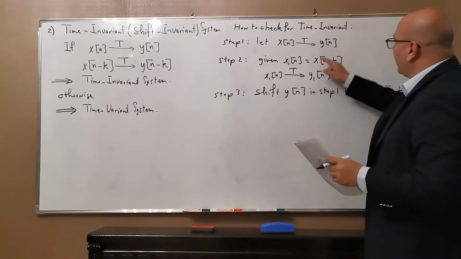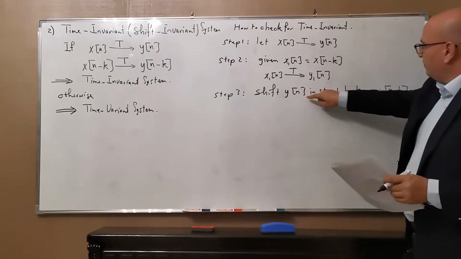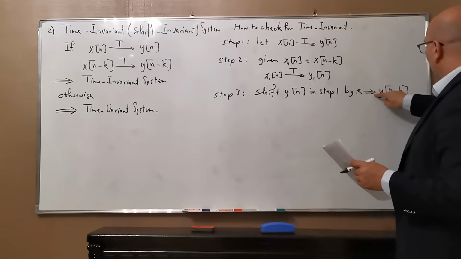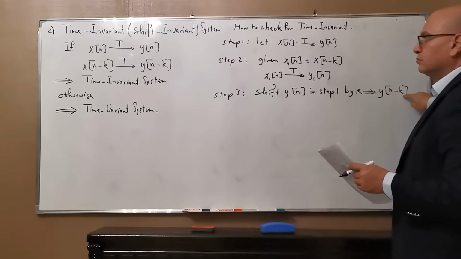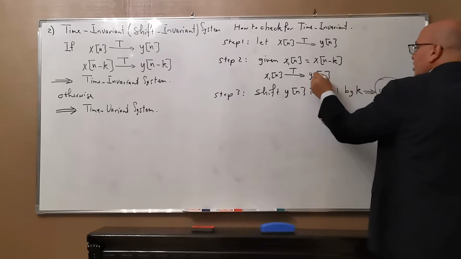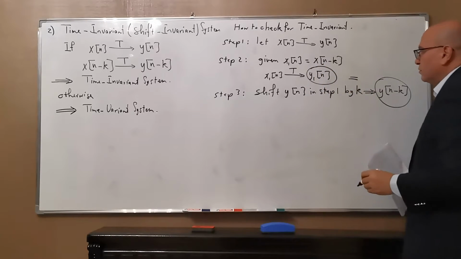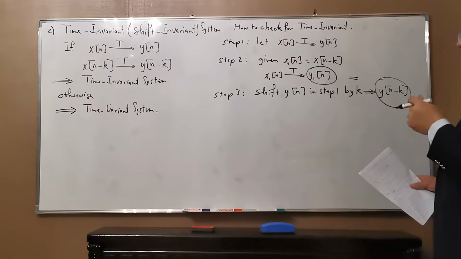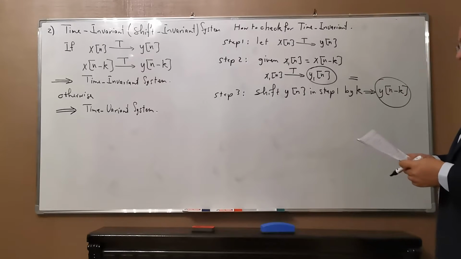So, we shift this y of n by k to get y of n minus k. Now, if this one is equal to this one, so you have equality, then the system is time invariant. Otherwise, you have a time variant system.